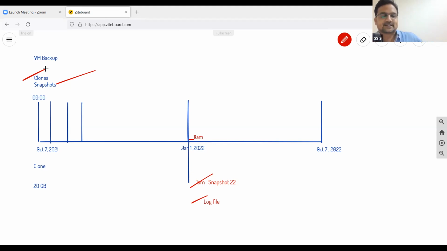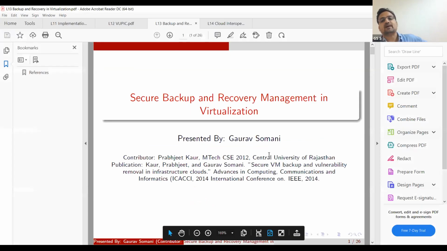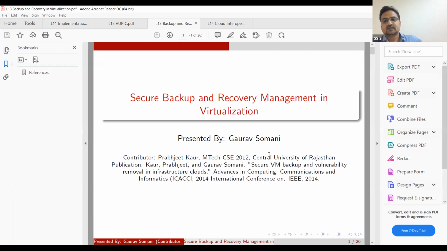So if you understand this, let me talk about an interesting example of cloning and snapshot incorporated in a single solution. The solution is here: secure backup and recovery management in virtualization. This cloud computing course generates a lot of researchers. Every year there are a few students who work on new research problems.